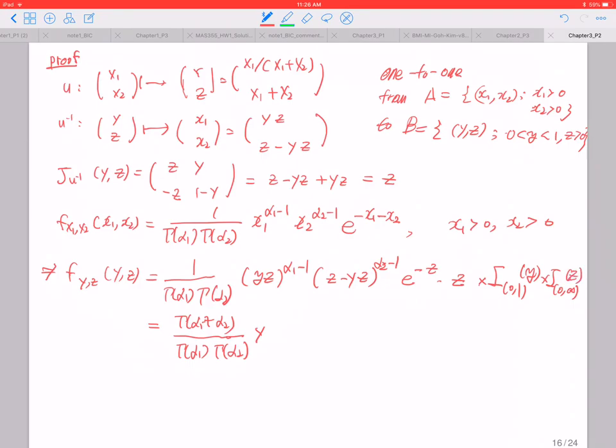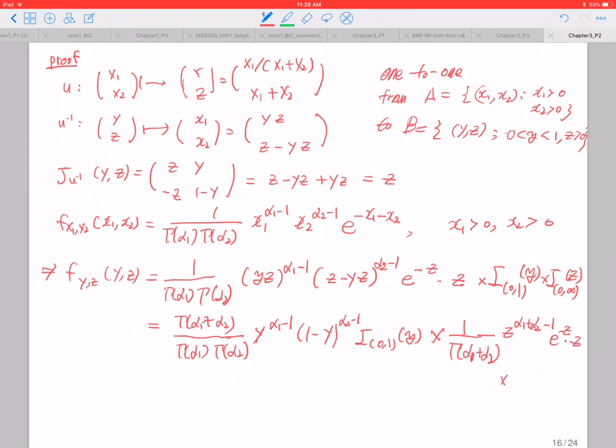So then we can write 1 minus y to the alpha 2 minus 1, times gamma alpha 1 plus alpha 2 over gamma alpha 1 gamma alpha 2, times z to the alpha 1 plus alpha 2 minus 1, e to the minus z, right?